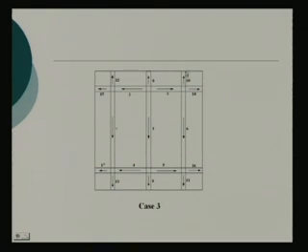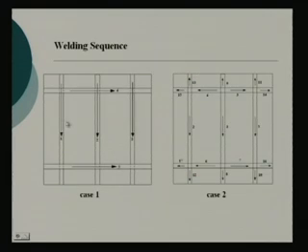Then here 10, again the opposite 11, 12, 13. These are the 3 things. Well, so on this logic, these 3 sequences we thought of. From the fabrication point of view, this is very easy.